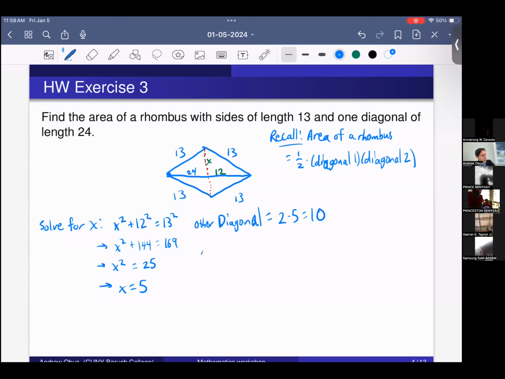And so that means that the area, we have our formula, is 1/2 times 10, which is one diagonal, times 24, which is the other diagonal. And this comes out to be 120. Okay. So this is a rhombus problem.